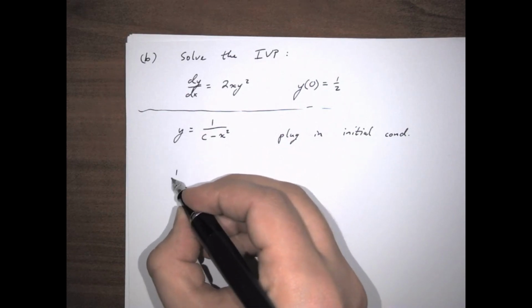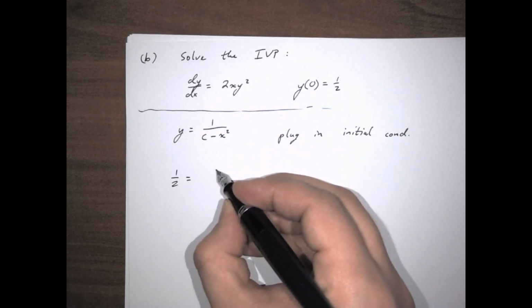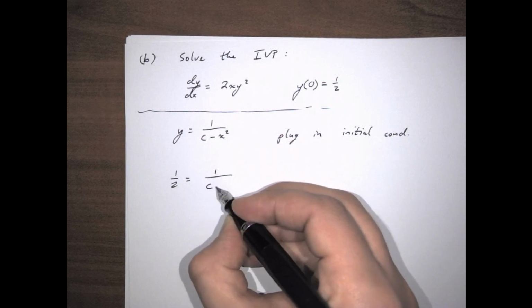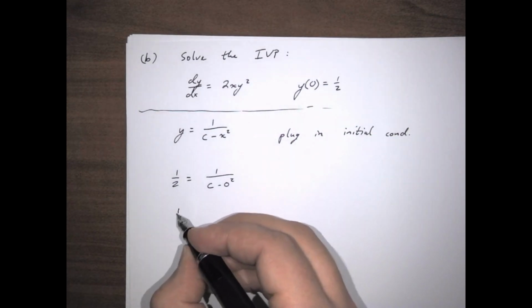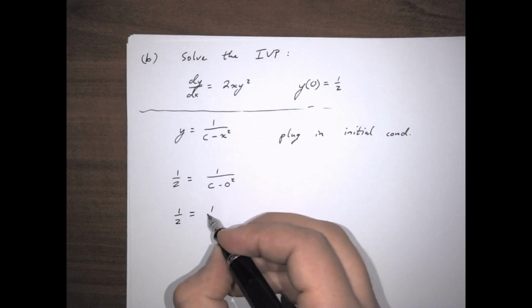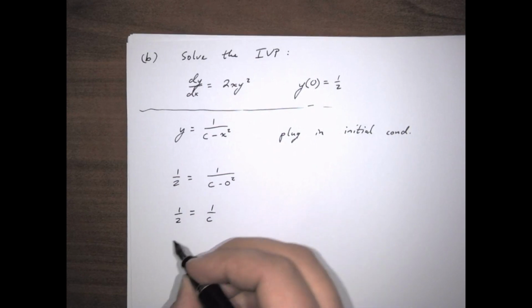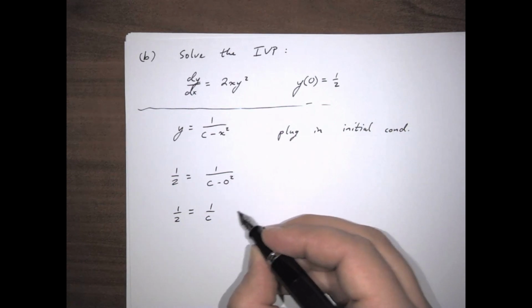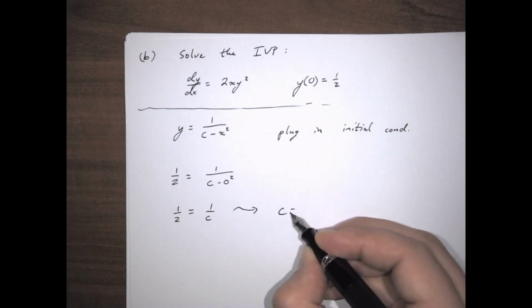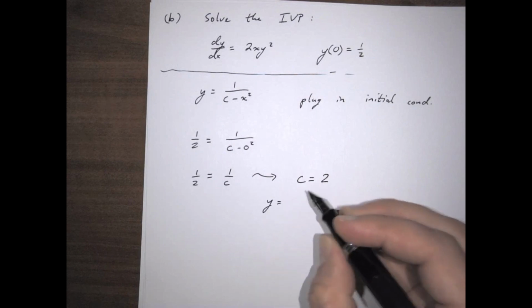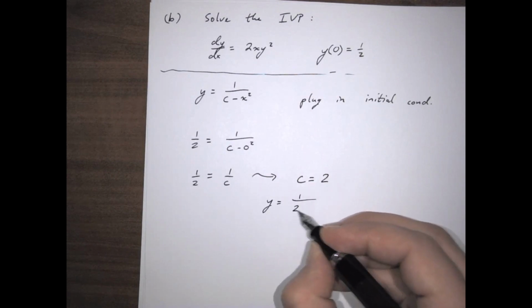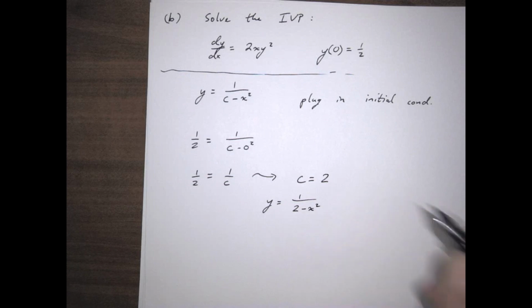So that means that 1/2 is equal to 1 over mystery c minus 0 squared. So in other words, 1/2 equals 1 over c, and you don't have to be an algebra superstar to deduce from this that c equals 2. So then that means that the solution is y equals 1 over 2 minus x squared.